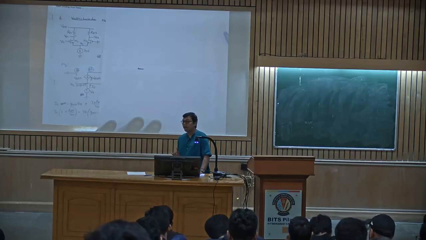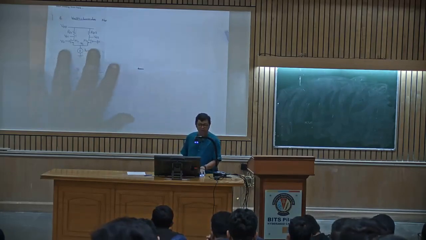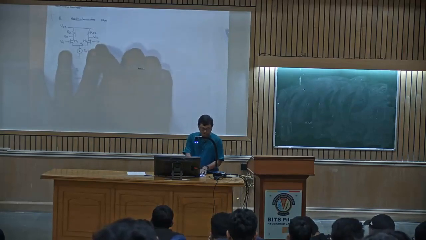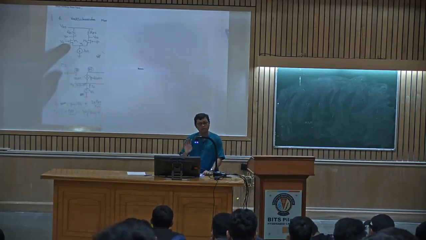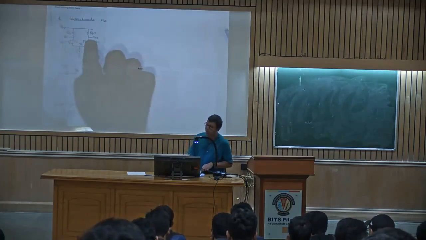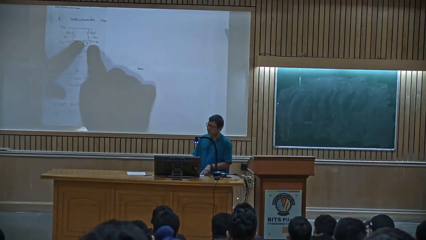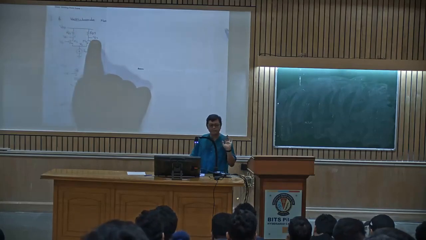But when we are trying to find out the minimum and maximum, in this case for example, M2 is off, M1 is totally on. In this scenario, what is the value of VO2 you will be getting? Let us say transistor M2 is off, VO2 value is VDD, very nice.